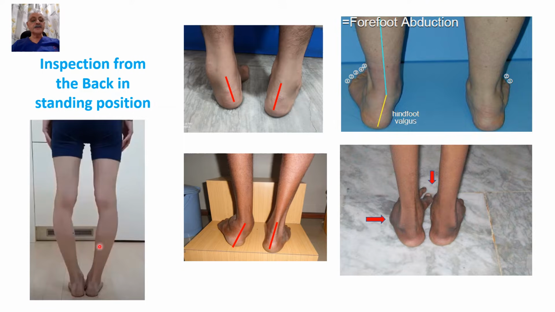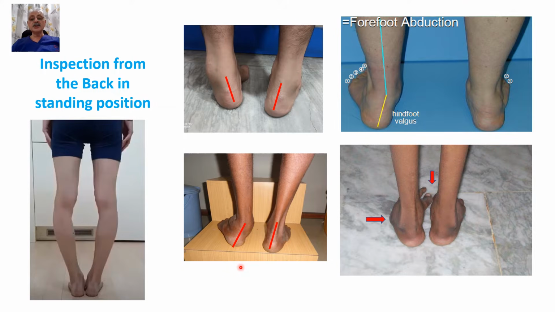Here you can appreciate the varus at the level of the knee, while the subtalar alignment appears normal. And in this patient, when the patient is standing, you see the left side is in fairly varus. So hindfoot alignment can be very well assessed from the back in the standing position. And in this patient, the hindfoot is in valgus.